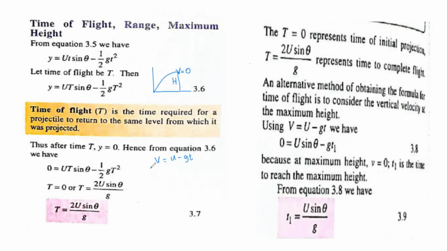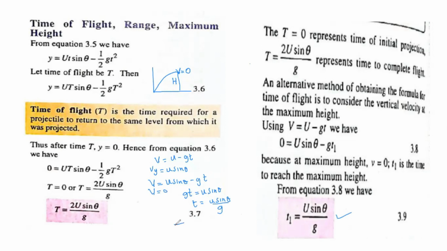For the vertical component, vy equals u sine theta. So v vertical is u sine theta minus gt. If v is equal to 0, then gt will equal u sine theta. So t will equal u sine theta over g. That is how they got the time to reach the maximum height.